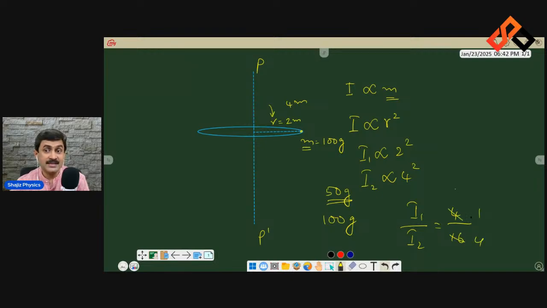Or simply we can say that I2 will be equal to 4 times I1. So by doubling the radius, the moment of inertia becomes 4 times. So a square relationship exists between moment of inertia and the radius at which the particle is rotating. These are the fundamentals related to this concept.